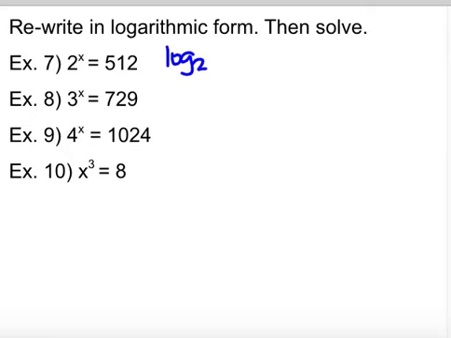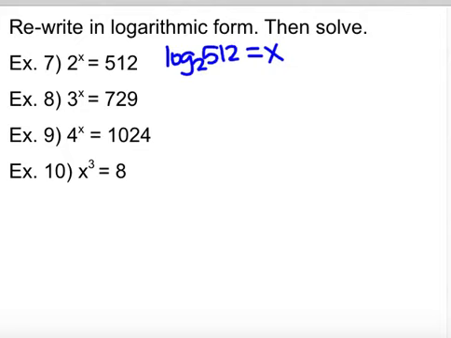Okay, and it helps if you say log base because then you know what goes next to the log because you know what the base is. All right, so log base 2 of 512. And remember what you're trying to find is the exponent. Logarithms are helping you find the exponent so you know that the exponent needs to go on the other side of the equal sign. Okay? Log base 2 of 512 equals x.